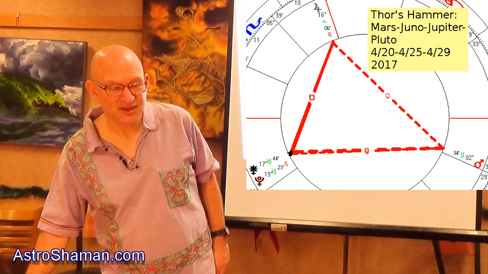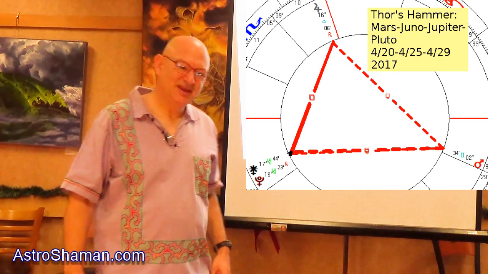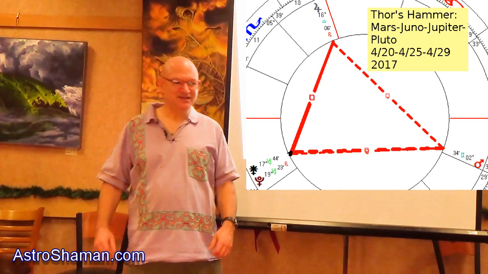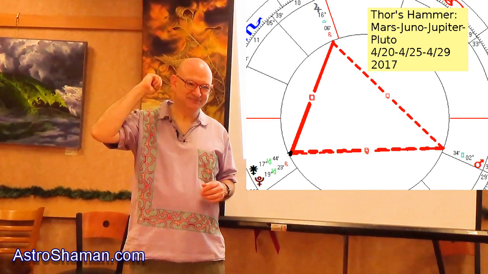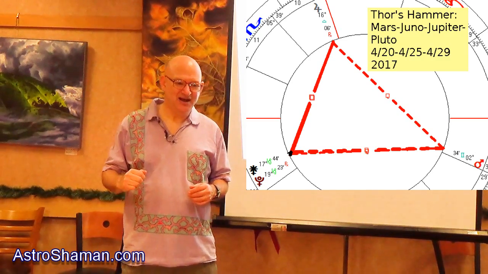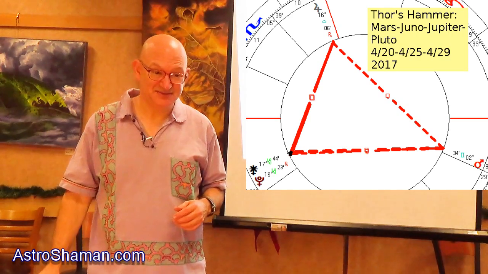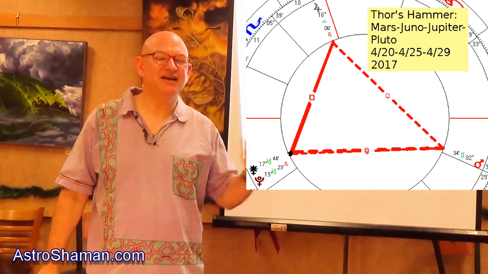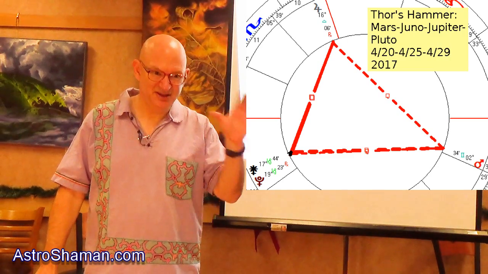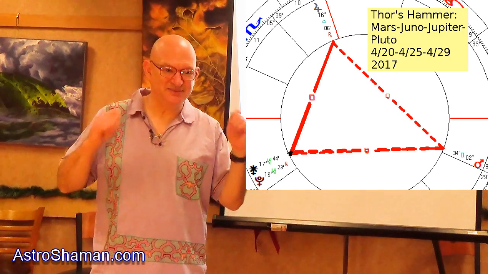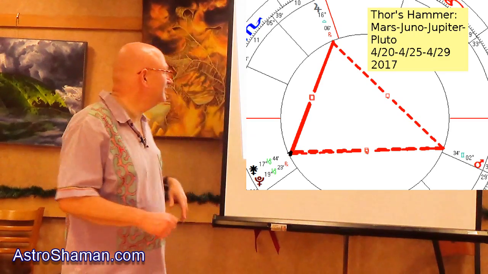Why is it called Thor's hammer? I think if you have a real good imagination, that maybe looks like the hammer from the top or something. Is that intense in other words? Yeah, it's pretty strong. I mean, again, it's not at the same level of a T-square or a Grand Cross, but it's definitely, and especially if the planets themselves are intense enough, it can be strong.